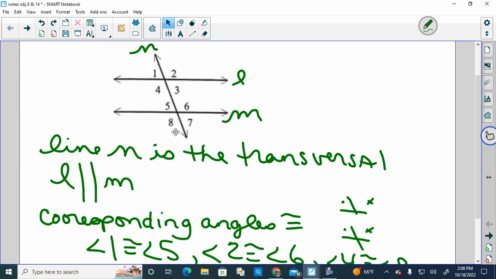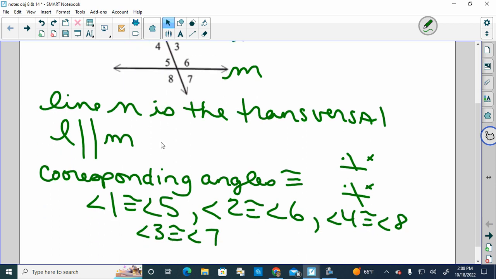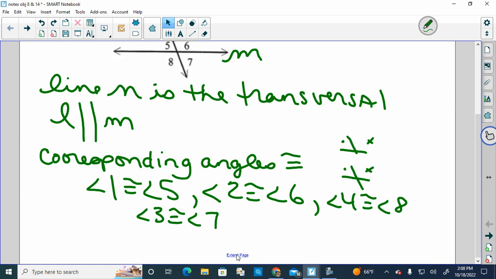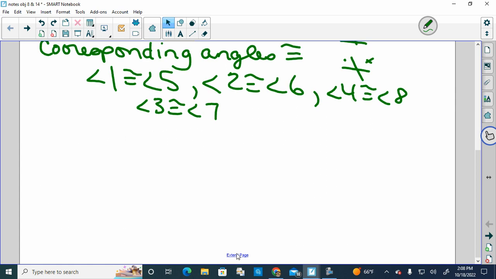So we have 2 words that are going to describe what we're looking for. The first one we're going to write, we're going to match up the numbers, is alternate exterior. We're just going to abbreviate. Alternate exterior angles are also congruent to each other.